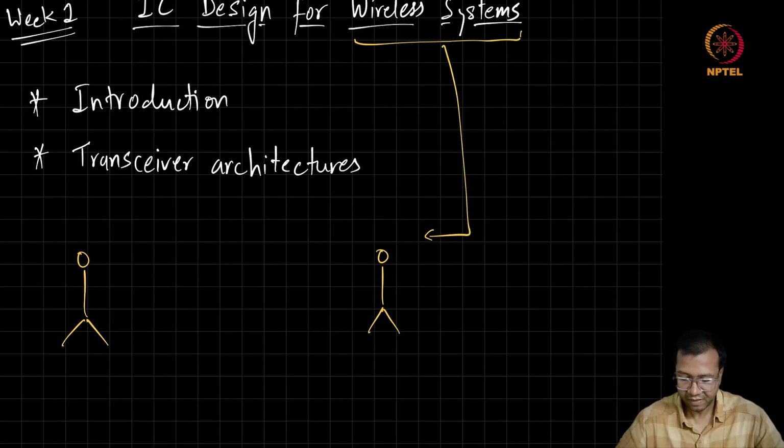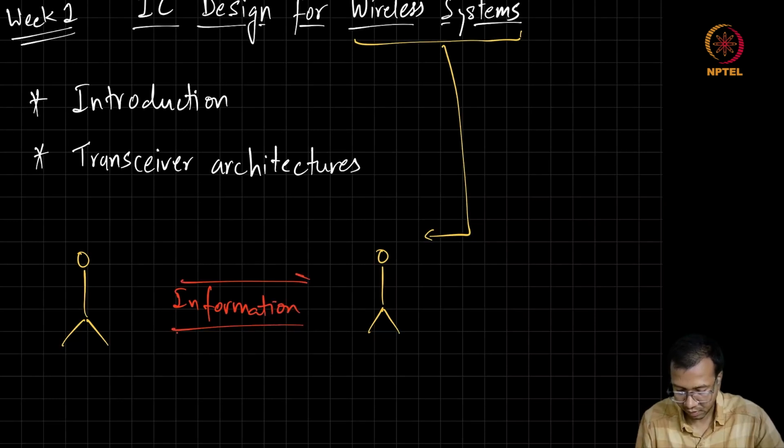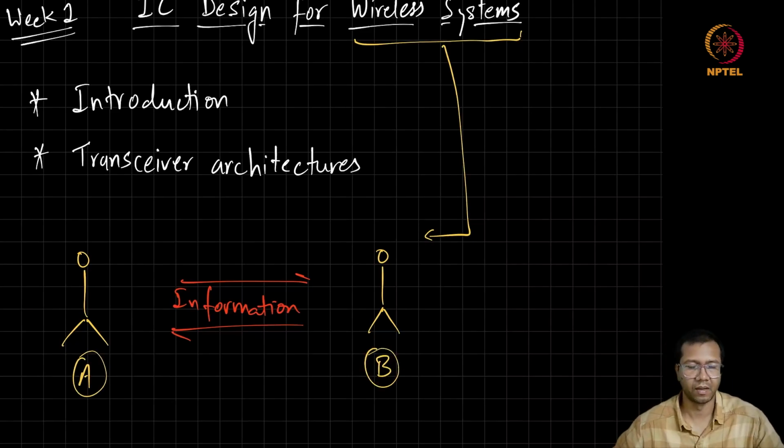So when you want to exchange information, and this information can be a bidirectional exchange, then you need some messenger which can take this information from one place to another place.